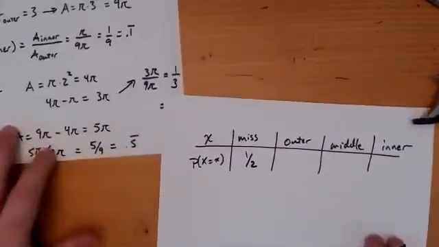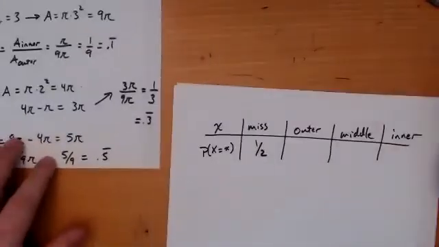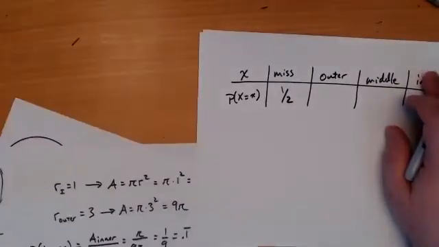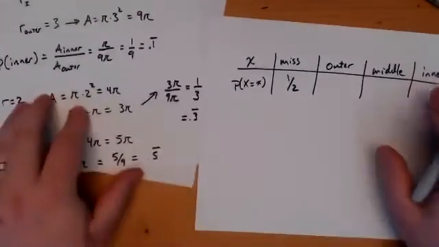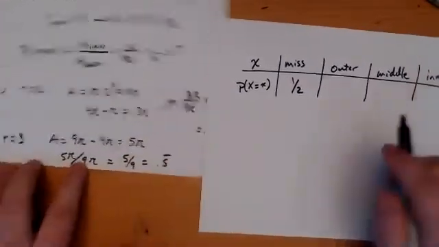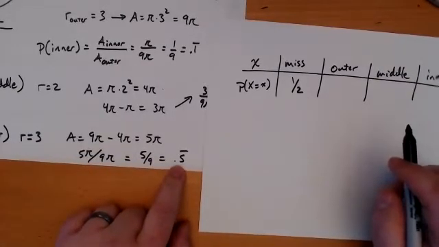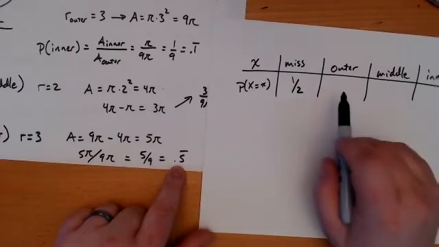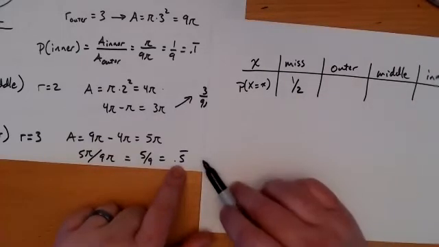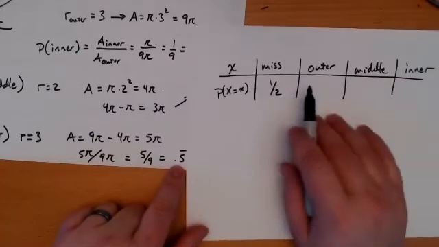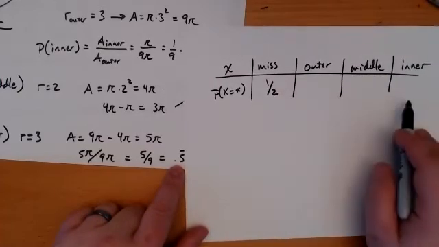So we did these probabilities already, but for my outer, my probability was 0.5 bar, right? That's more than a half. And aren't all 4 of these supposed to add up to 1?